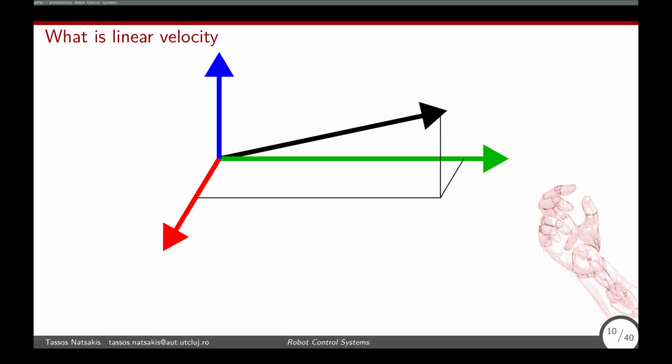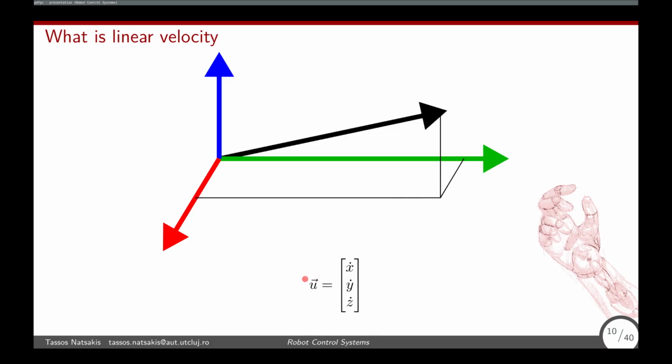So velocity being a vector, it has 3 components, which we can also call 3 velocities: velocity along the x-axis, velocity on the y-axis, velocity on the z. Or we can think of them as a vector which represents the linear velocity, and this vector has 3 components, basically the 3 projections on the 3 axes, right?